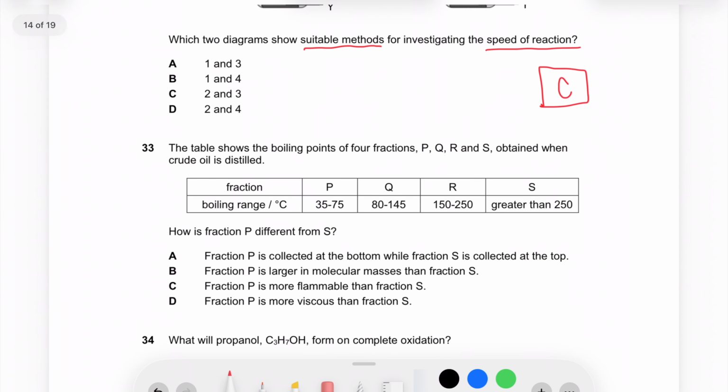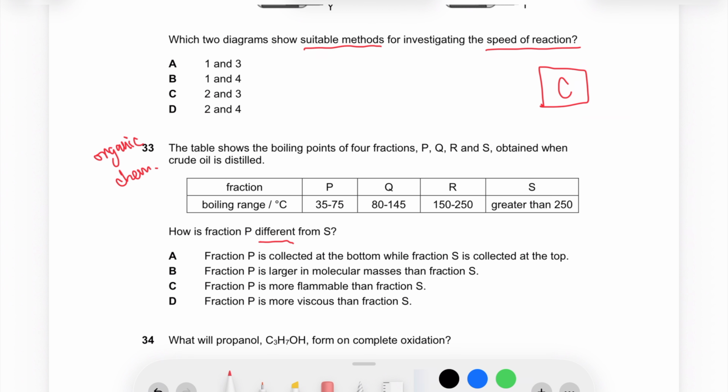Question 33. The table shows 4 fractions. Okay, so this is your introduction to organic chem. How is the fraction P different from S?